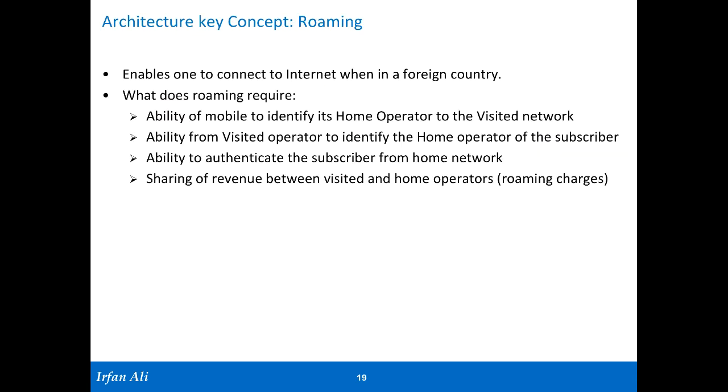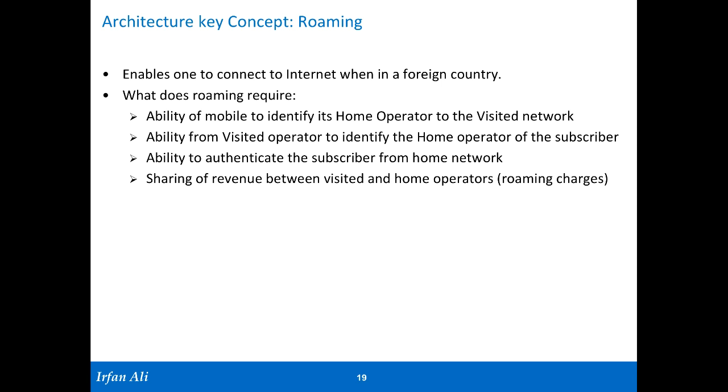A key concept of the LTE architecture is roaming, and you will see this roaming support in the specifications quite a lot. Well, what is roaming? Roaming is essentially you can take your mobile phone, if you're a subscriber of a Turkish operator, let's say Turkcell, and you go visiting your parents in your home country, for example, if that's India.